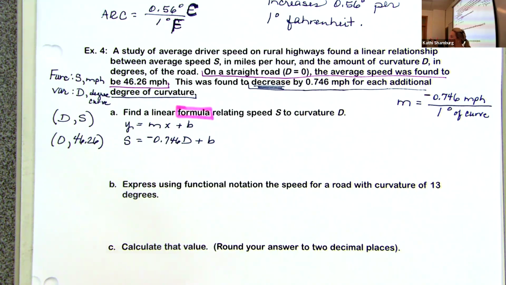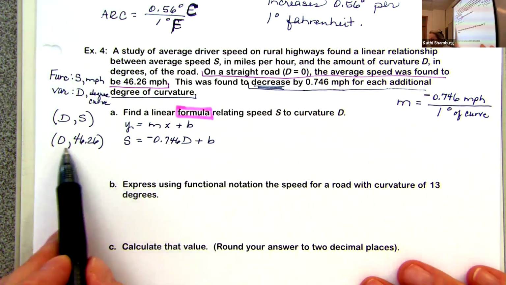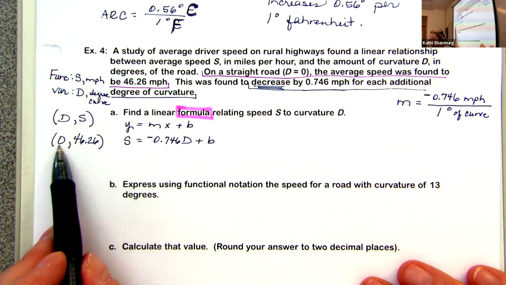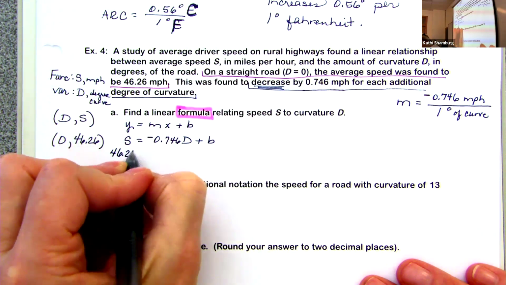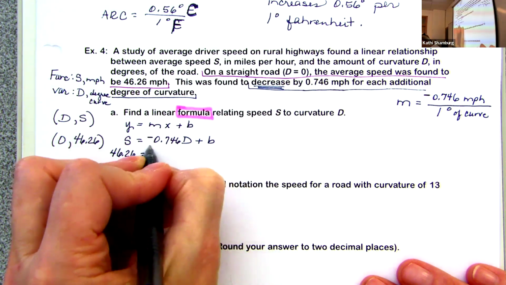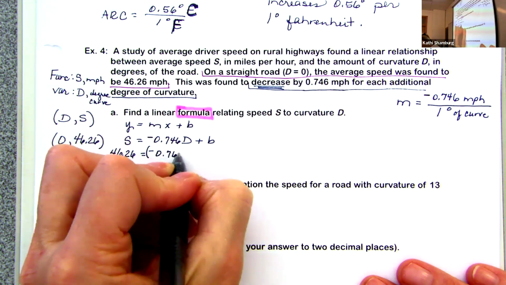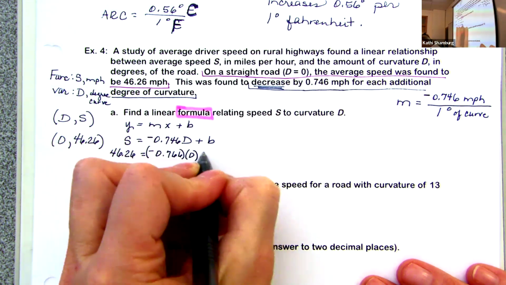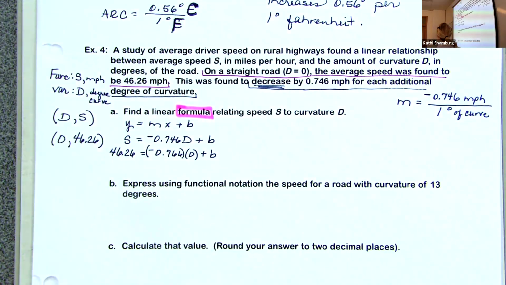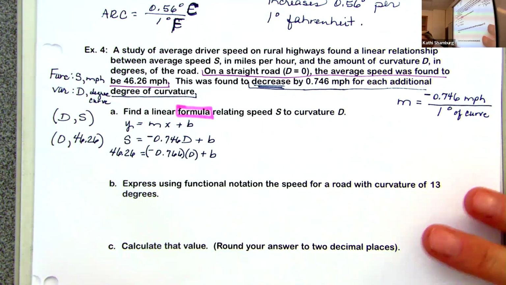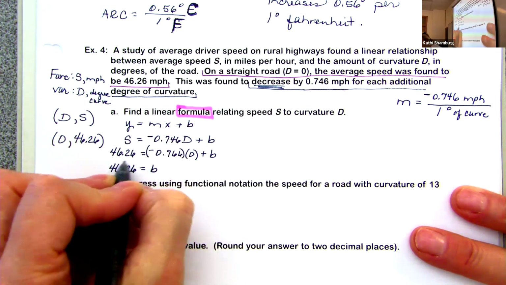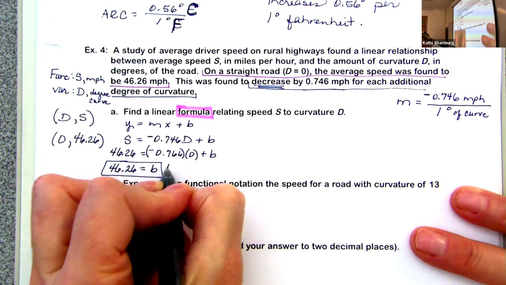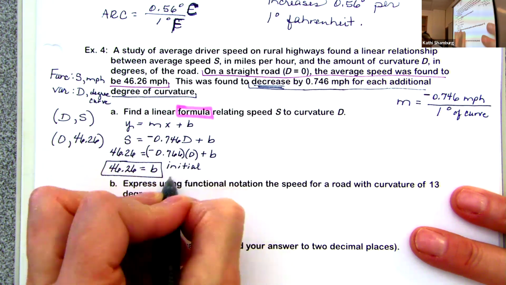The other thing that I need is my initial value. So this is where we substitute values in. So 0 goes in for D and 46.26 goes in for S. Oh, this ends up being really nice, doesn't it? It's 0 times anything. 0. So we get 46.26 equals b. This is your initial value.